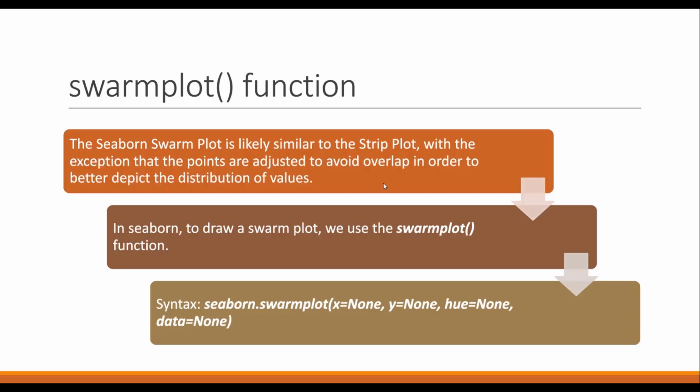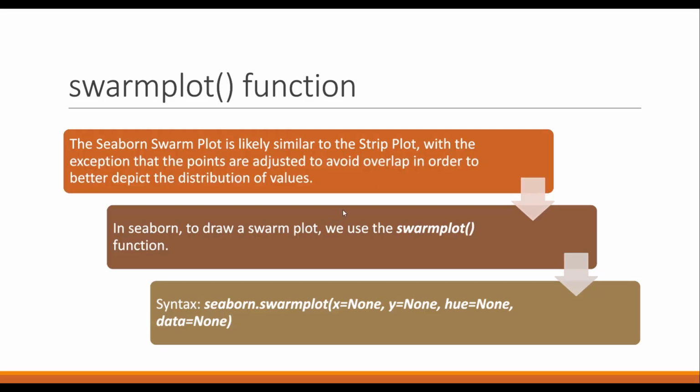The syntax is seaborn.swarmplot and in parentheses you pass different parameters. The first two are x and y, the third one is hue and the last one is data. You know what these parameters mean.